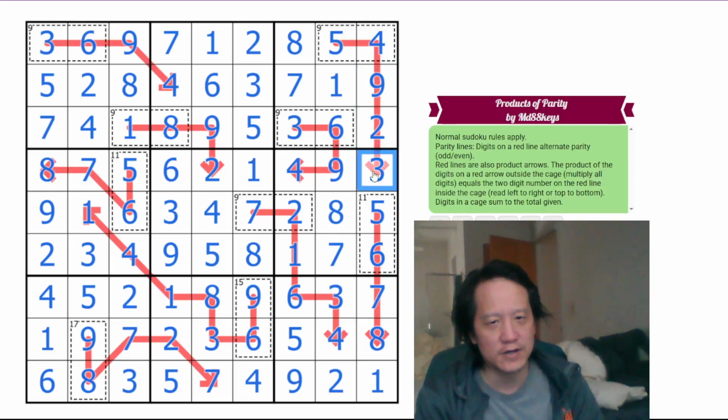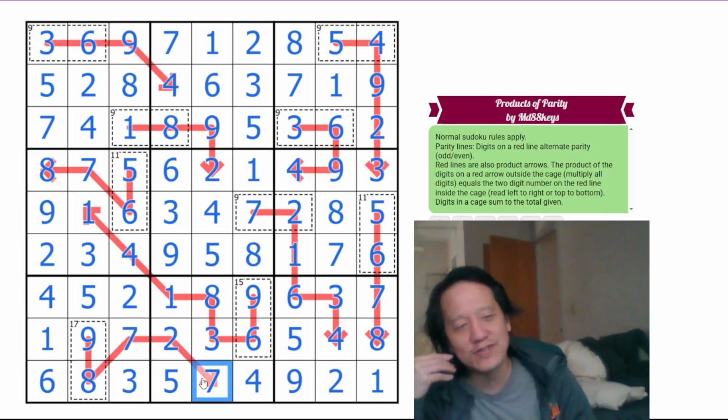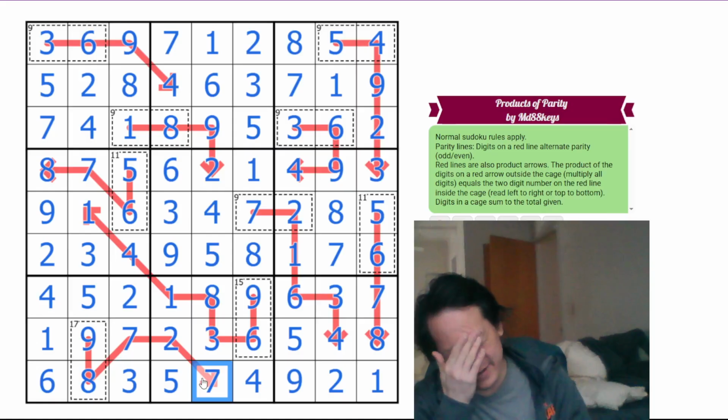They all start with odd. I didn't even take into account the parity of this.